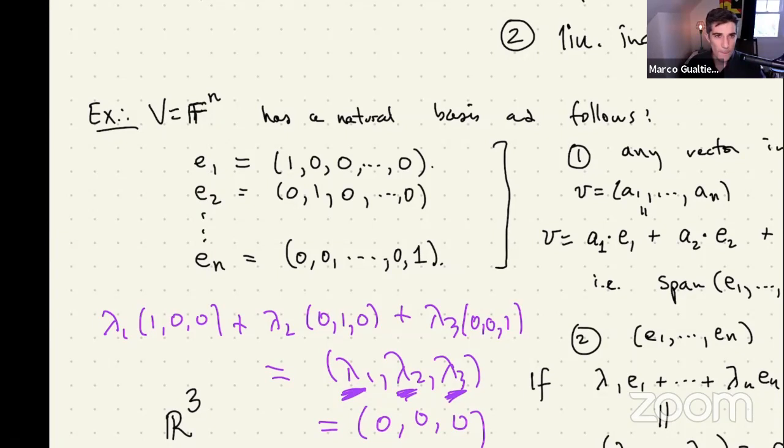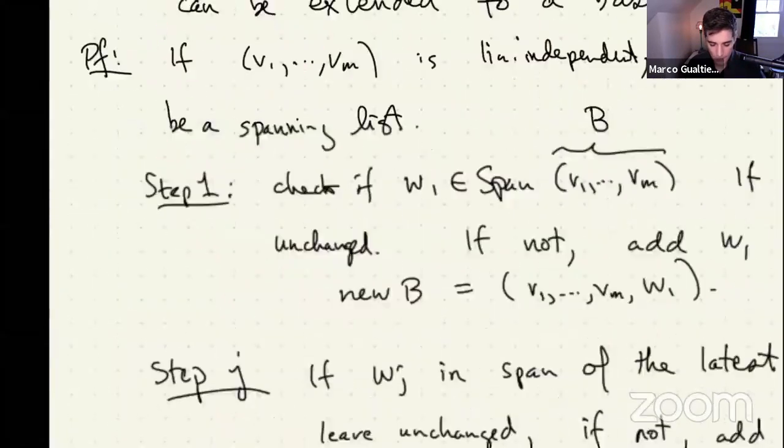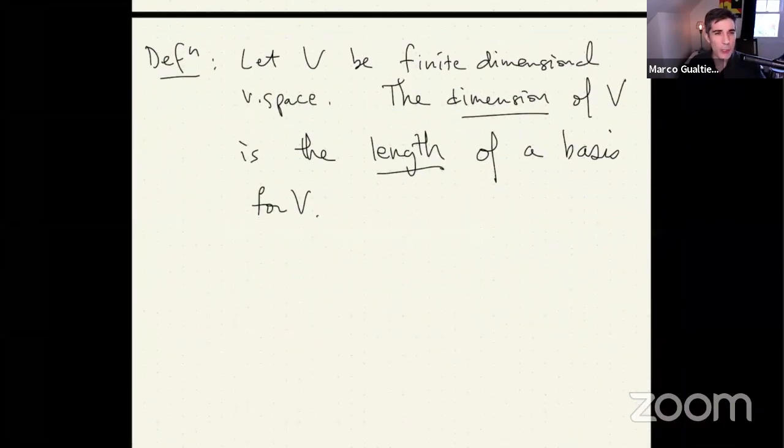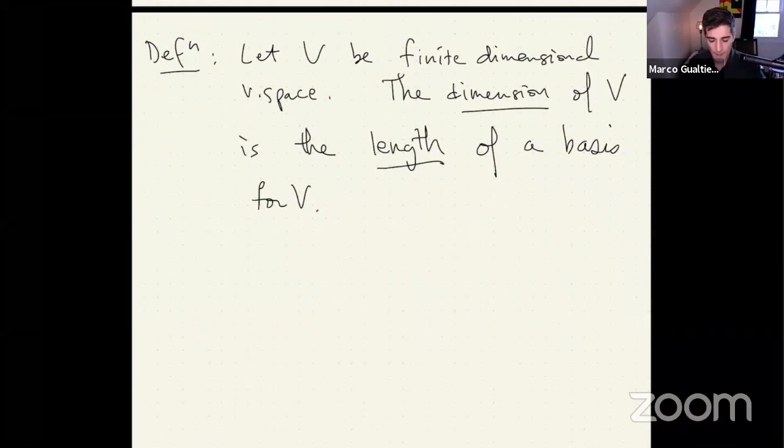Okay, so the tricky part of this definition is that you need to explain why it is actually a sensible definition. If you didn't know any better, you might think that maybe you started with one spanning list, and you whittled it down to get a linearly independent spanning list, and so you got a basis. And maybe I started with a completely different spanning set, and I whittled that down, and I got a basis.